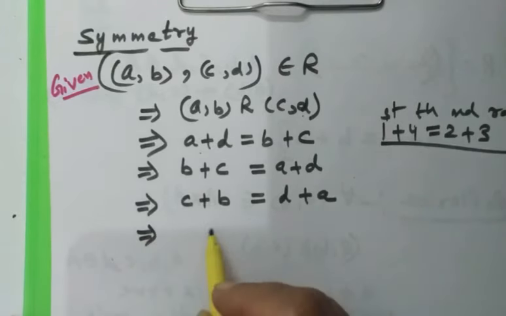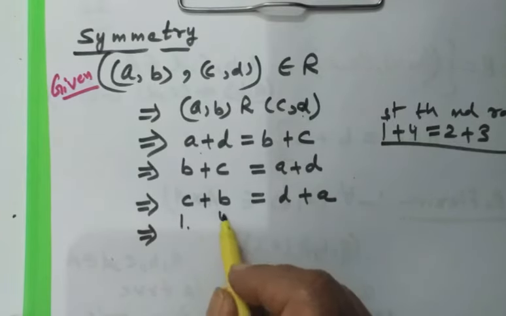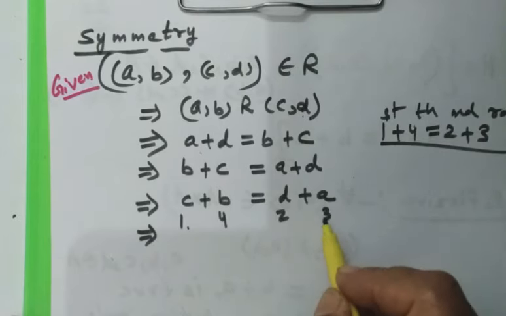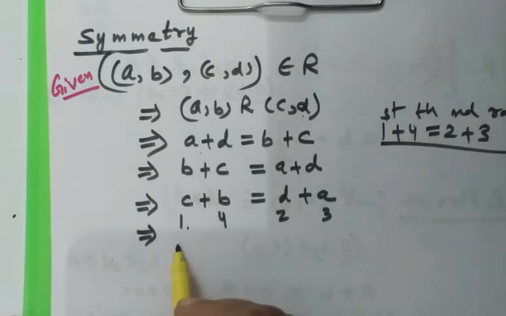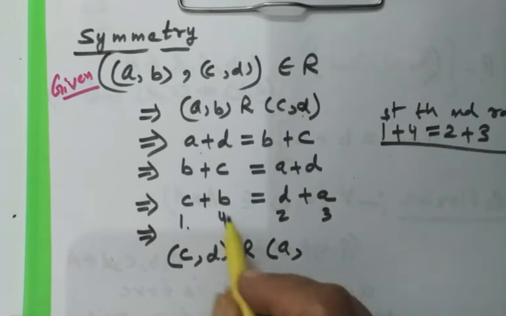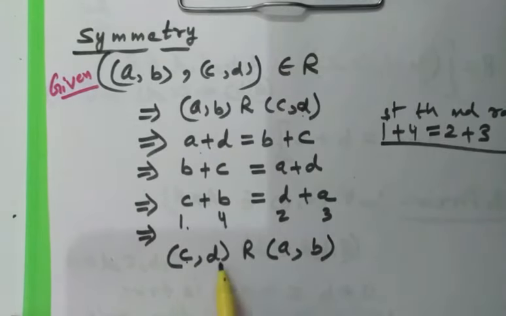And this implies that I have to write C at first place, D at second place, A at third place, and B at fourth place. So according to this arrangement, I have got C, second place is D, third place is A, and fourth place is B. If you want to check, you can see C plus B is equal to D plus A. We have already got it.